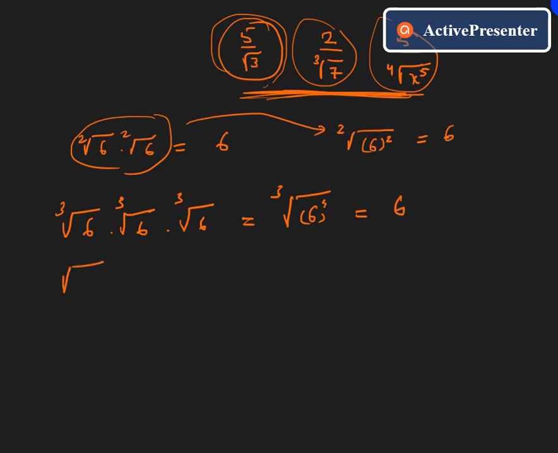Also, the fourth root of 6 multiplied four times is equal to the fourth root of 6 to the power 4, which is equal to 6. Keep these examples in your mind when you rationalize fractions that contain radicals. So how do we rationalize a fraction that contains a radical?